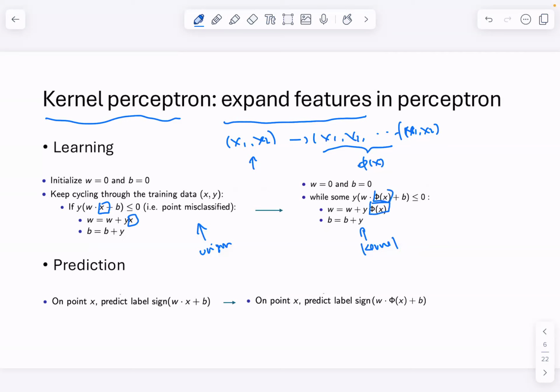So this is what we mean by expanding features. We basically replace the features with the new features that are typically in a higher dimensional space. And similarly for prediction, we also just replace our original x features with the new features phi x. So that's it. That's how we do this feature expansion for the kernel perceptron.